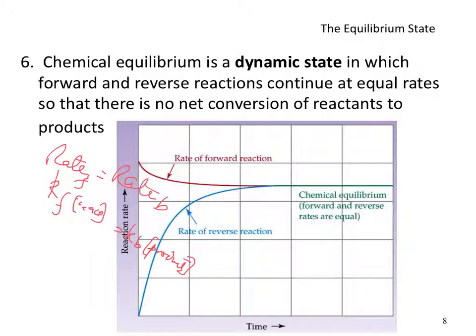And so these are going to basically become equal. So in a sense, there will be no net conversion of reactants and products. Over here, I'm showing you the rate of forward reaction and the rate of the reverse reaction, and they are essentially matching up. And that is the state we say chemical equilibrium has been achieved.